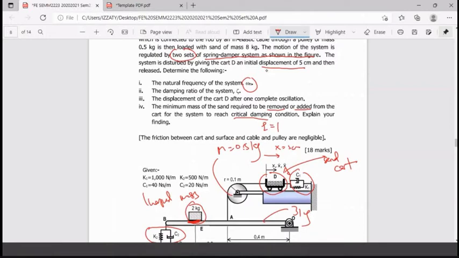Okay, so that is how you want to understand the system. Initially you have the choice to solve this one by using Newton's law, or by using the equivalent system. So suit yourself.